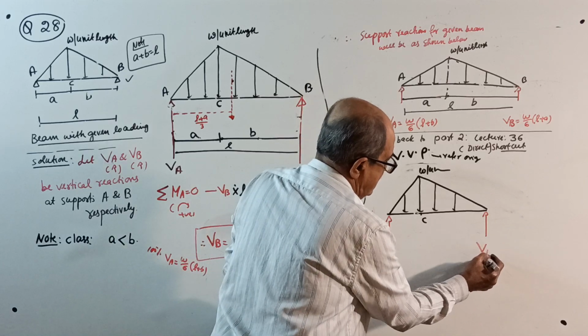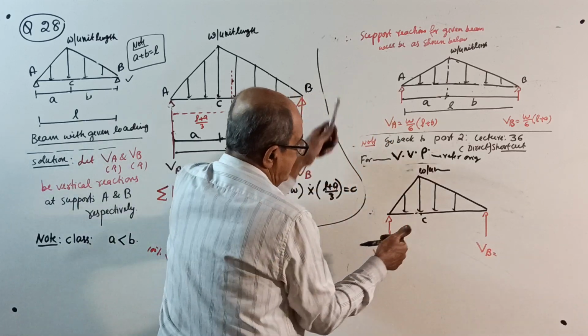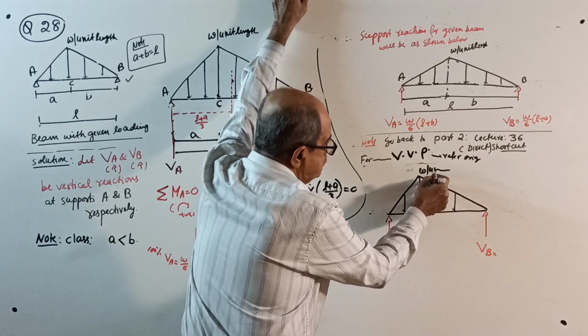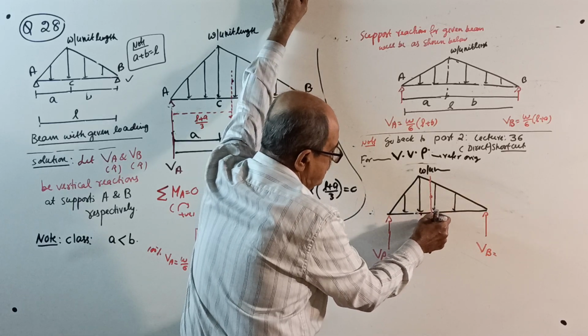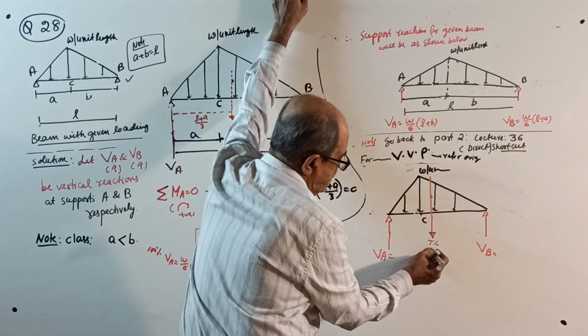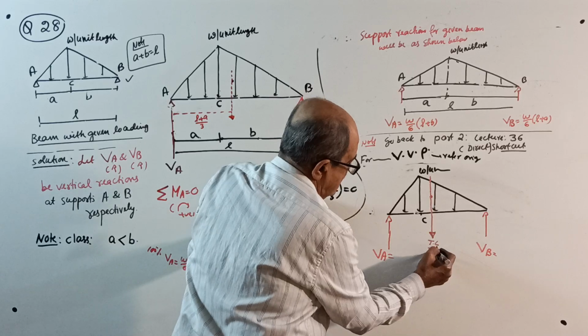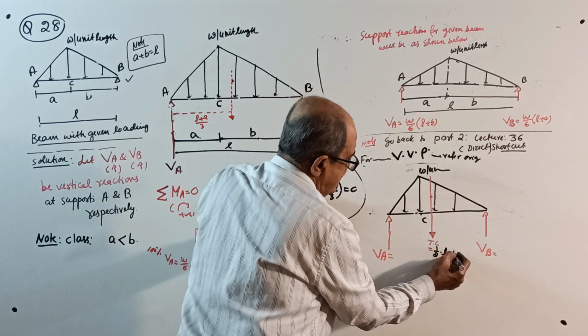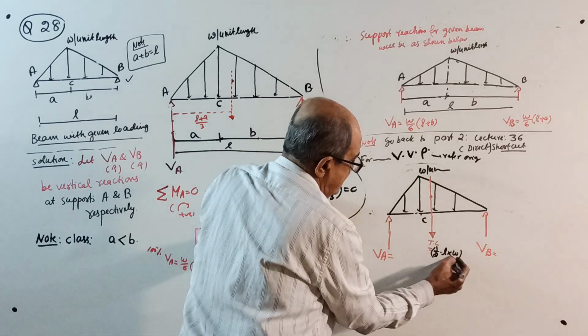VA, VB. Okay, see, the centroid is here. Through the centroid, this is the total load. Total load magnitude equals how much? Half into full length L into W in downward direction.